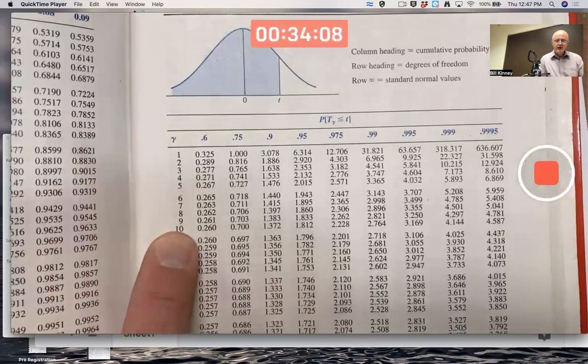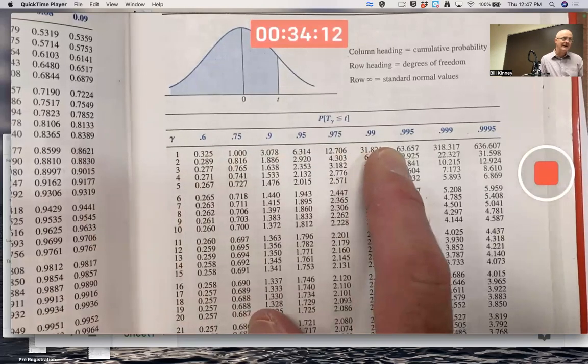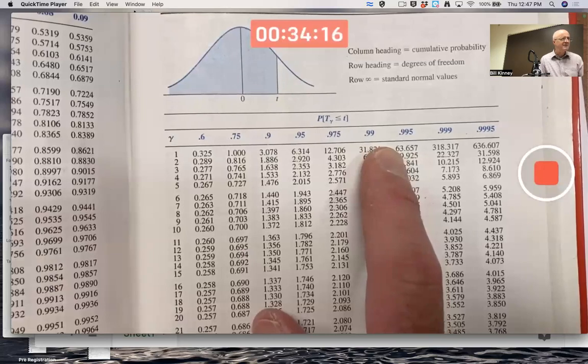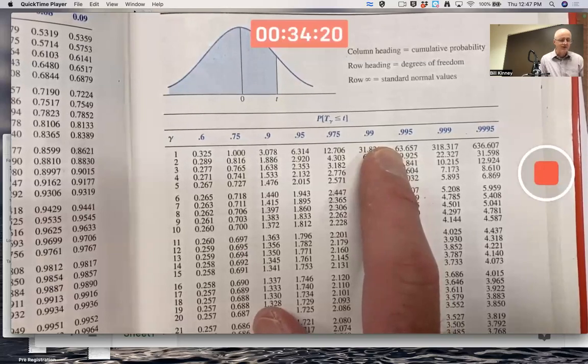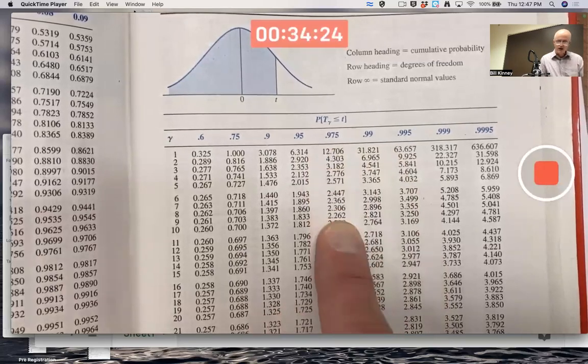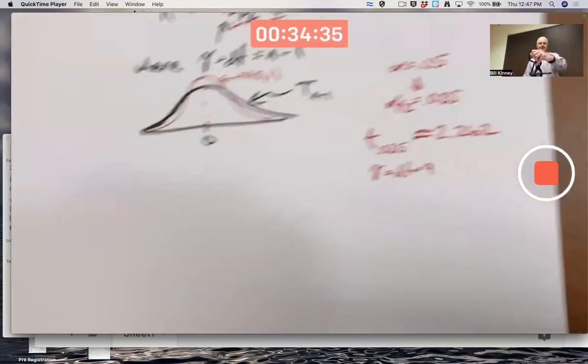Go to 9 degrees of freedom. These numbers are areas to the left instead of areas to the right. So alpha is 0.05, so that alpha over 2 is 0.025, means we use 0.975. There's 2.262. Sorry.